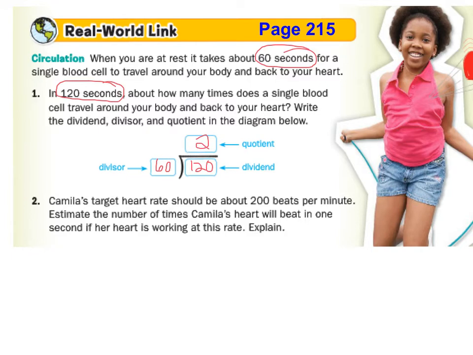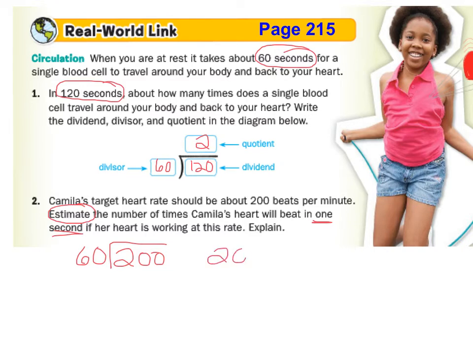Camilla's target heart rate should be about 200 beats per minute. Estimate the number of times Camilla's heart will beat in 1 second if her heart is working at this rate. So basically they're asking us to take 200 and divide by 60, which is not very easy to do.